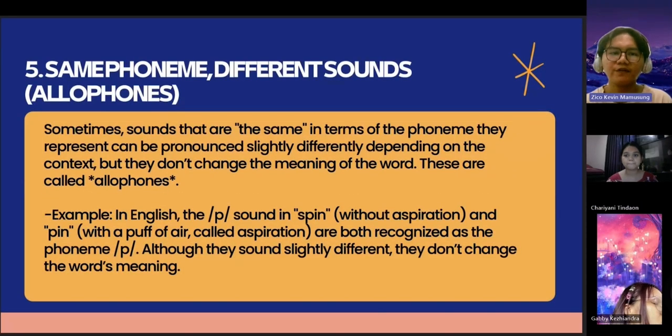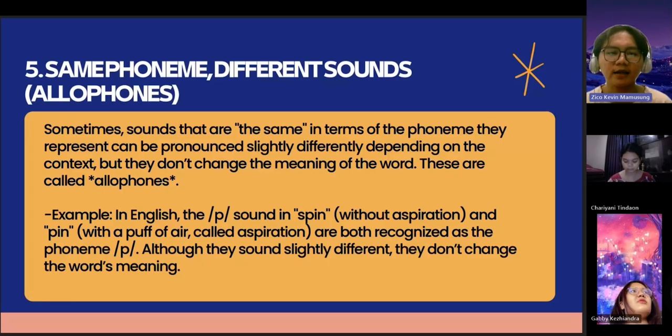Okay, so hello everyone. My name is Zico, and here I will explain to you same phoneme, different sounds: allophones. Sometimes sounds that are the same in terms of the phoneme they represent can be pronounced slightly differently depending on the context, but they don't change the meaning of the words. These are called allophones.